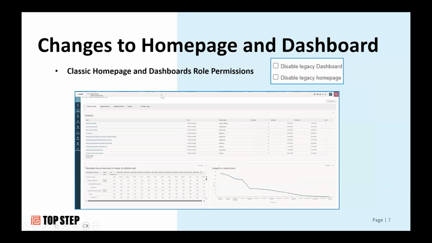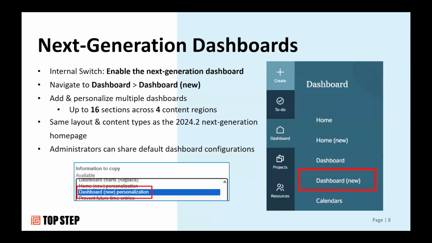Before we get into the new dashboard, in general, you now have the power to decide what you want of the old. If you want to get rid of the old dashboard or the old homepage, it is now a role-based option, so we can streamline the home pages and the dashboard views for your users. For the next generation dashboard option, you do have to enable this through support, and then it exposes a new dashboard option.